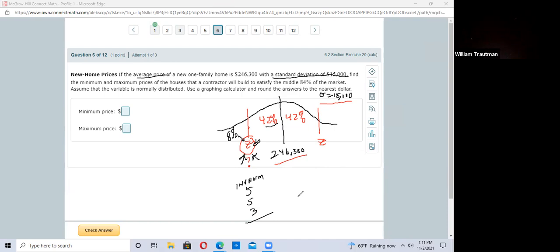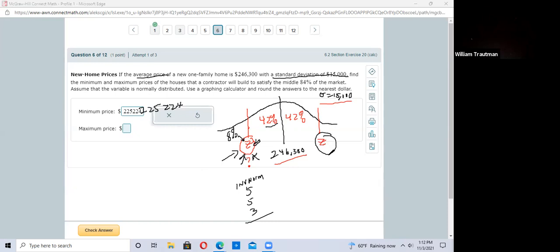The average is 246,300 and the standard deviation, we already said, was 15,000. It tells you that's the minimum price, 225,224. So let me type that in. 225,224.